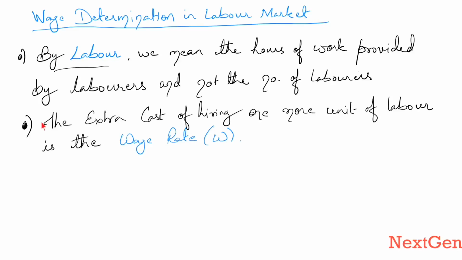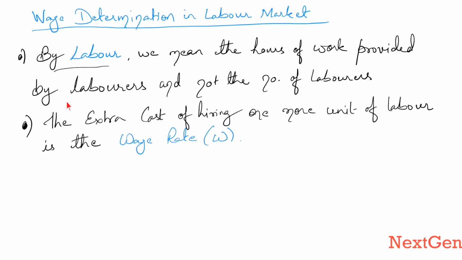Now, the extra cost of hiring one more unit of labor is the wage rate. Here, one more unit of labor means the extra hours that we hire. Suppose we hire 5 people for 5 hours, then that is the extra cost for 5 hours for 5 people.